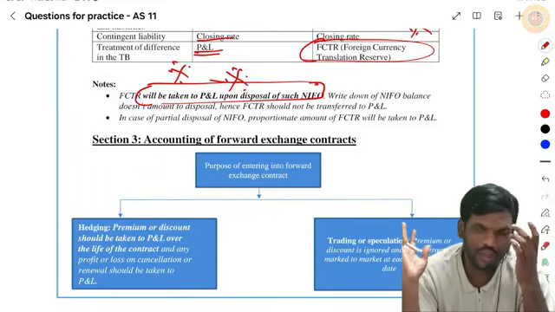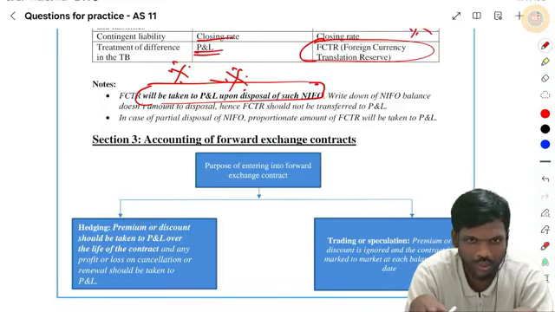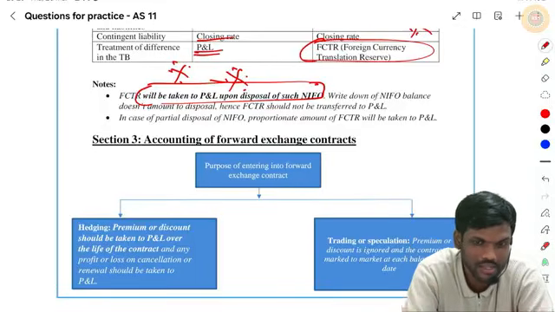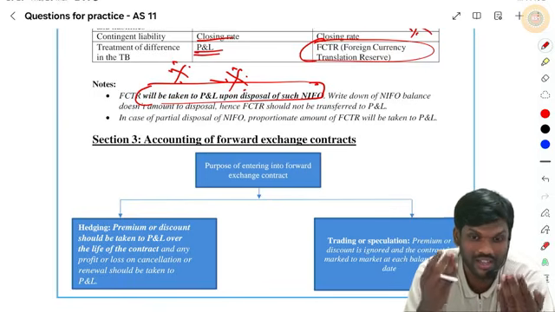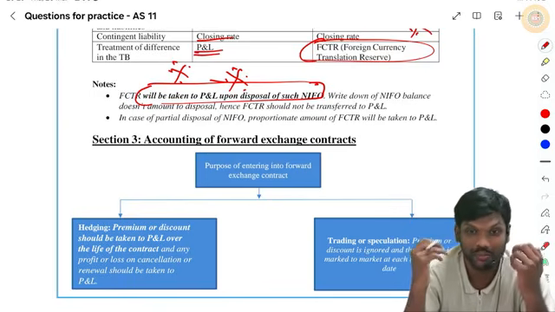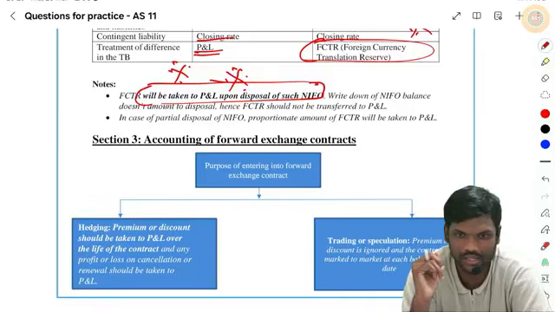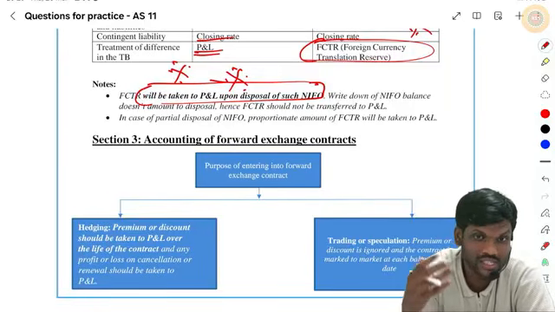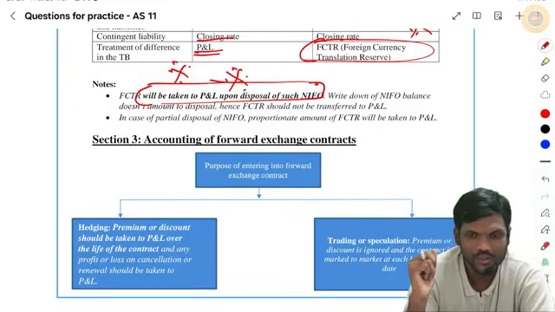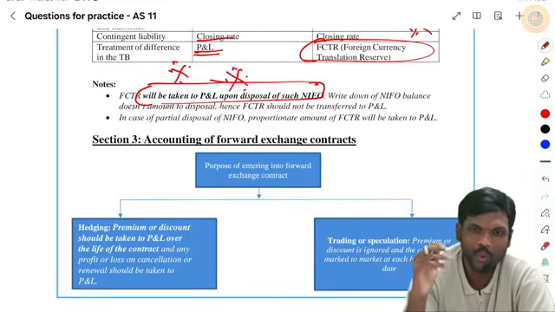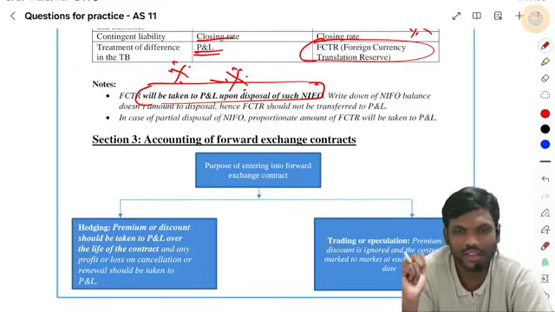Sitting today, I cannot say what the exchange rate will be after one month. As per today's circumstances, I cannot even tell what it will be tomorrow. That much fluctuation is happening in the exchange rate, correct? So the future exchange rate can be anything. We cannot predict exactly. So sometimes people enter into a contract with another person.